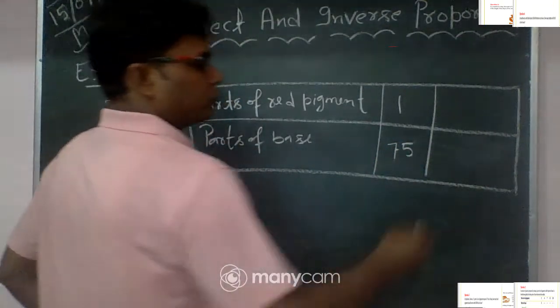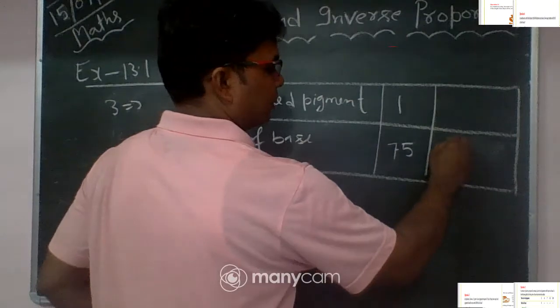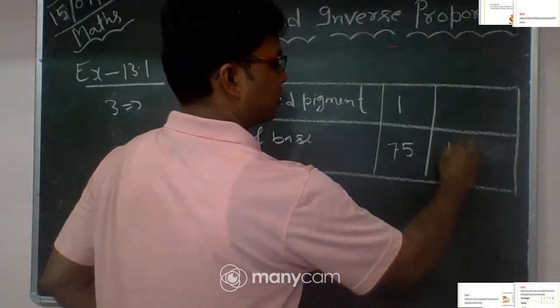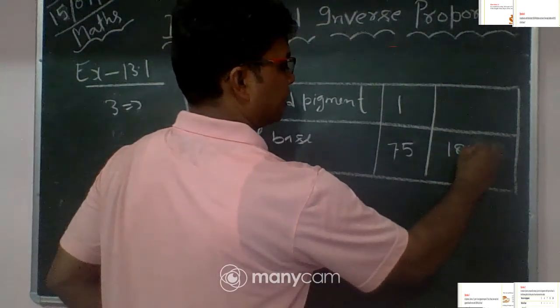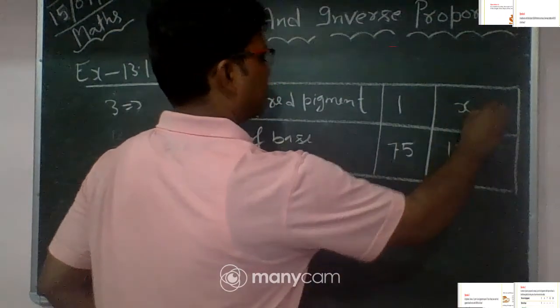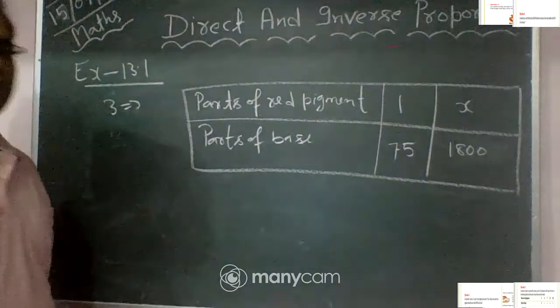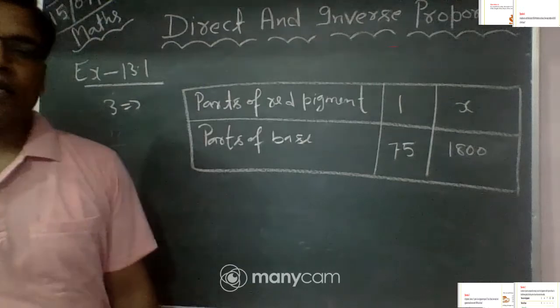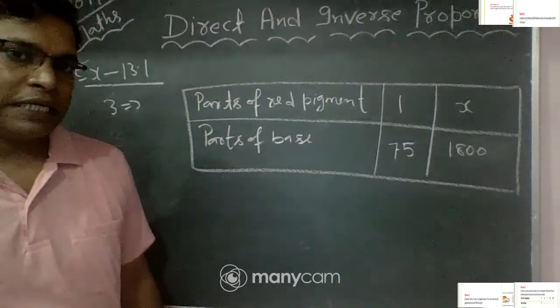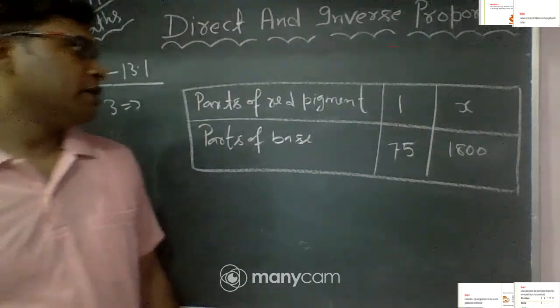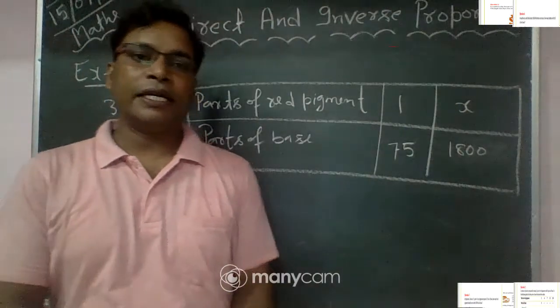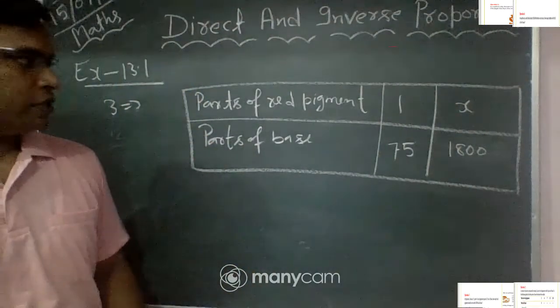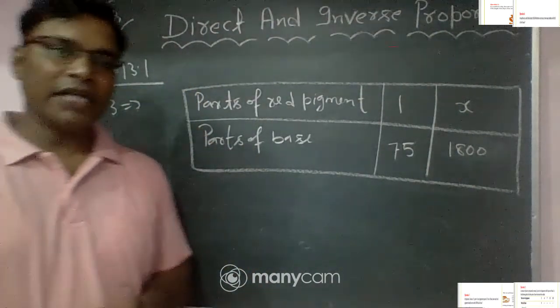Here the part of base given is 1800 ml. Okay, so what is the part of red pigment? So we let the part of red pigment be X for 1800 parts of base. Okay, so this is a case of direct proportion.